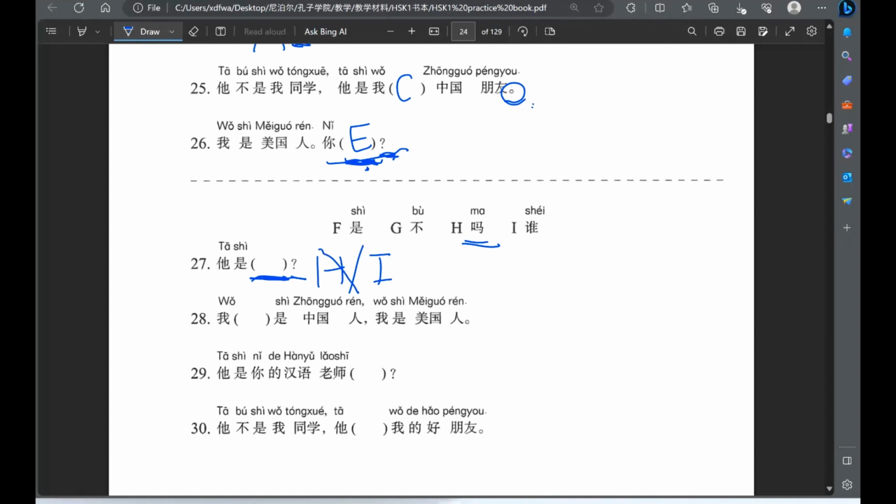Question 28. Since the last half part of the sentence is complete, let's first go through it. 我是美国人 I am American. So, 我 and 中国人 Chinese.